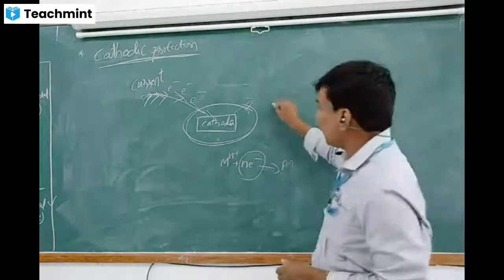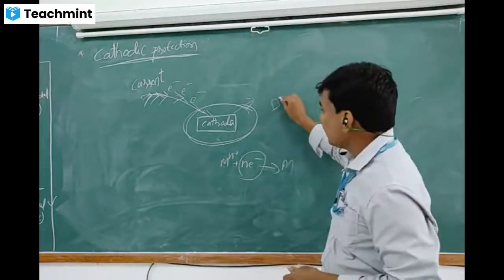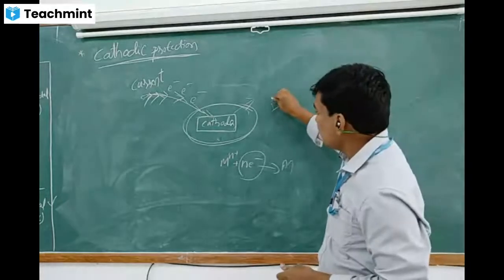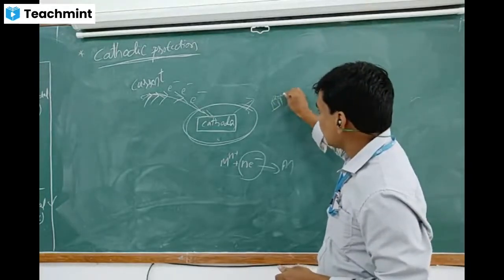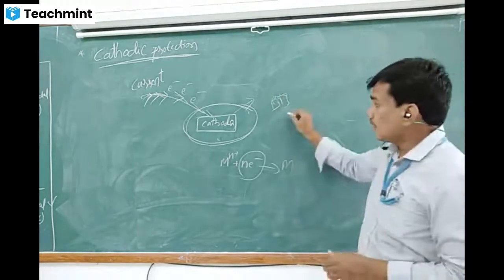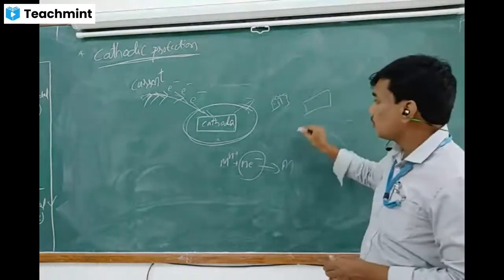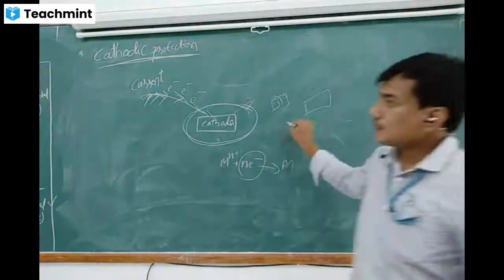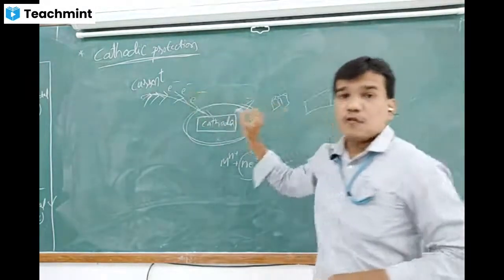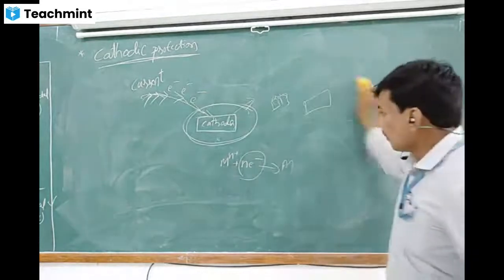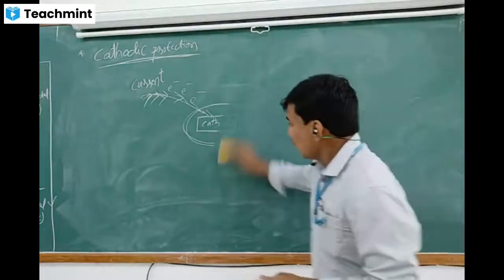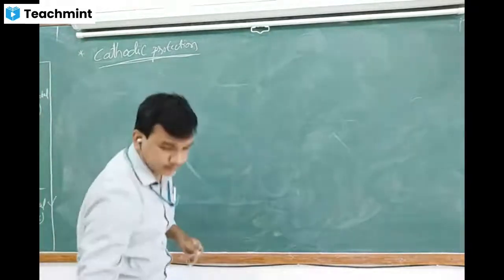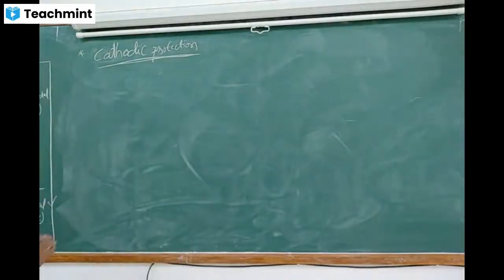So in corrosion what happens? Anode and cathode will be there. The anode is undergoing oxidation, and electrons will move to the cathode. So in corrosion of metals, we have to reverse the flow of electrons. Here there are two methods of cathodic protection to prevent corrosion.